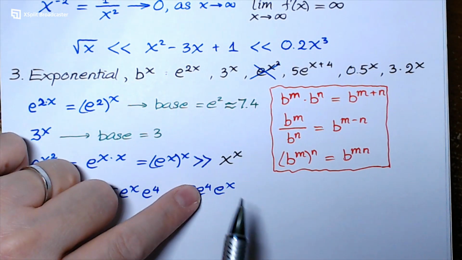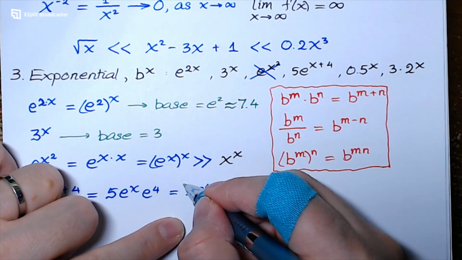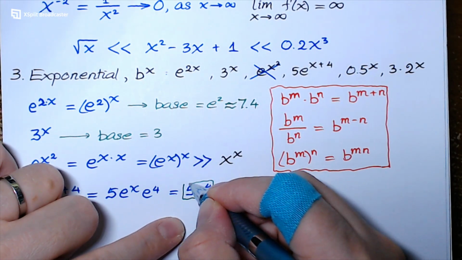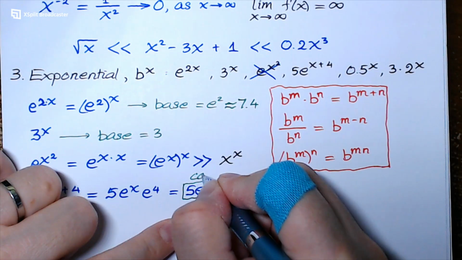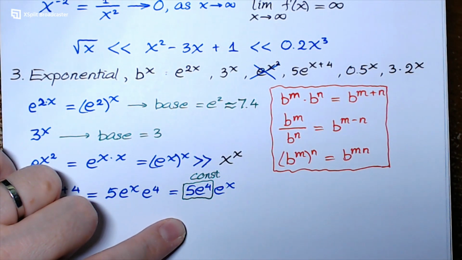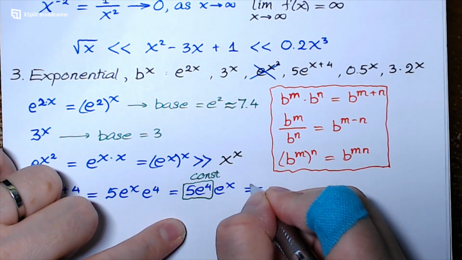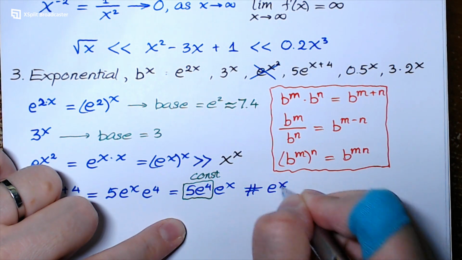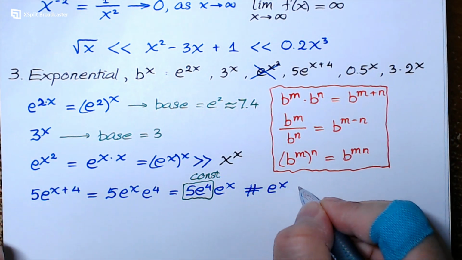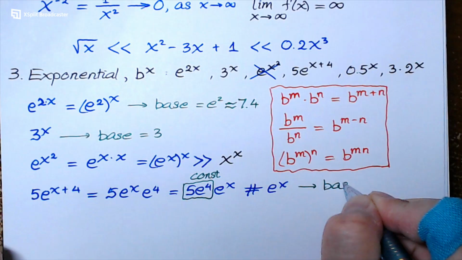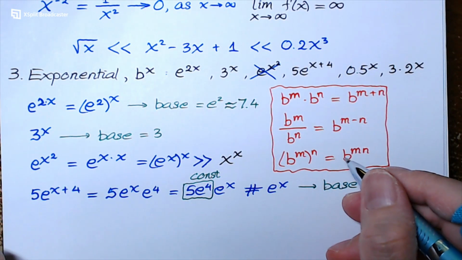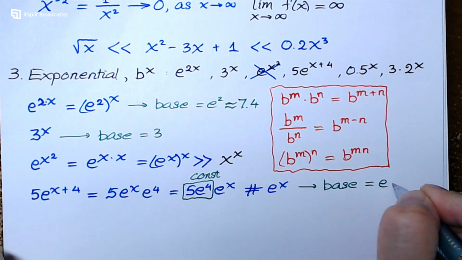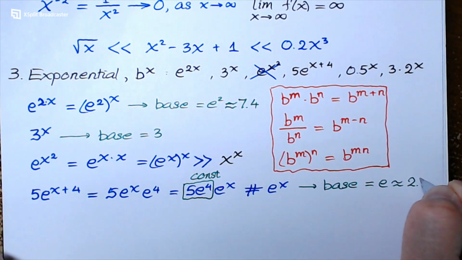And now this is a constant. A constant multiplier does not affect the rate. So we say this is just the same as e to the x, which has the base of e, about 2.7.